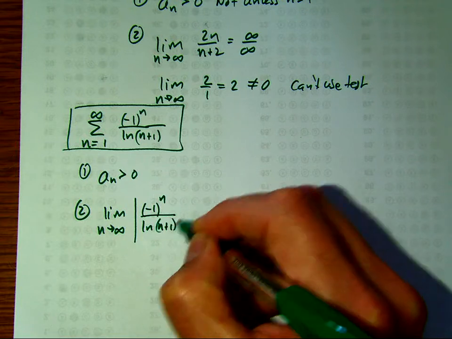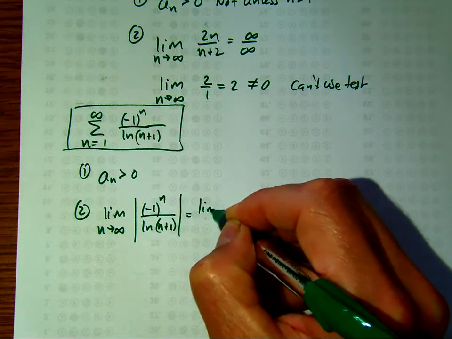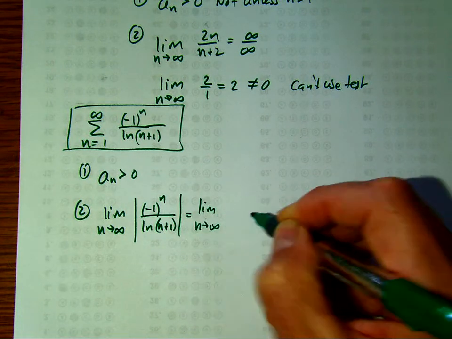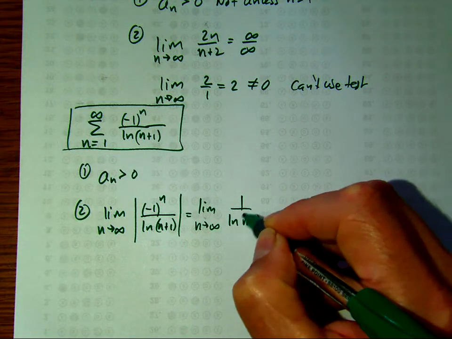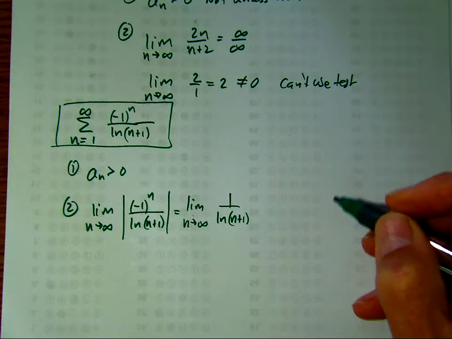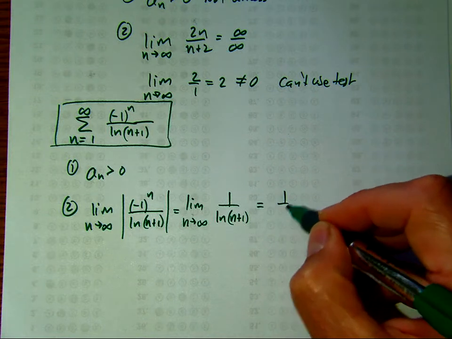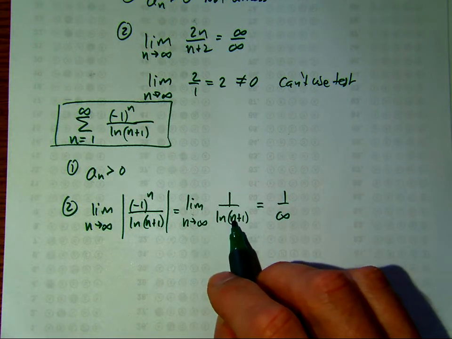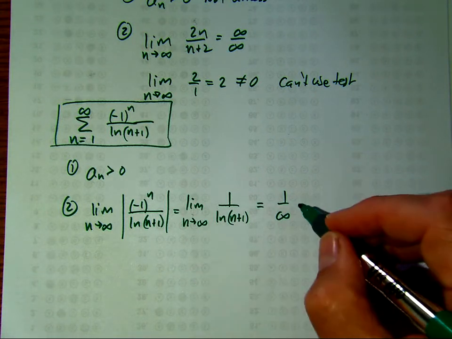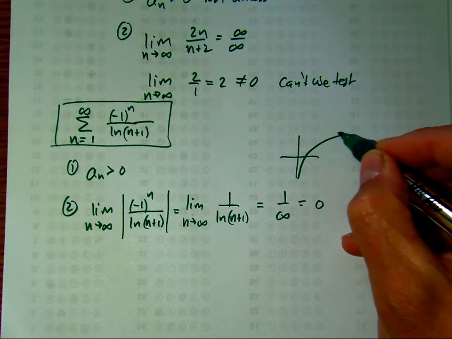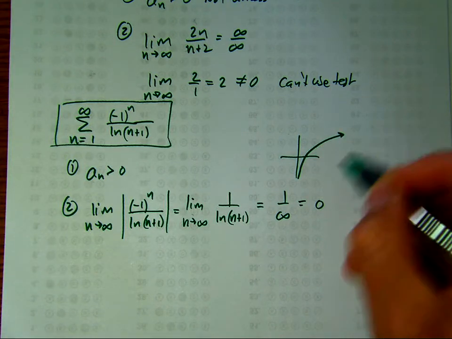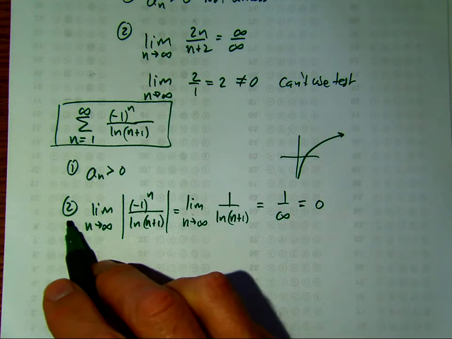So if we wrote it like that, it's the same as writing this. As n goes to infinity, natural log goes to infinity, so that equals 0. Remember, the graph of natural log is like this. Its y value is going to infinity. So that satisfies the second condition.